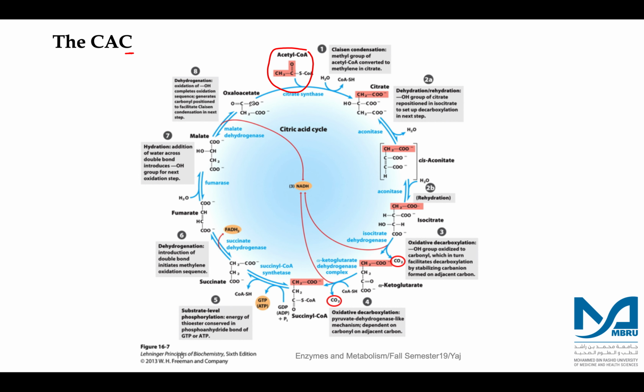So here I start with oxaloacetate and acetyl coenzyme A. In the presence of citrate synthase, it leads to the production of citric acid or citrate. Since the first product of the cycle is citrate or citric acid, I call this pathway the citric acid cycle.